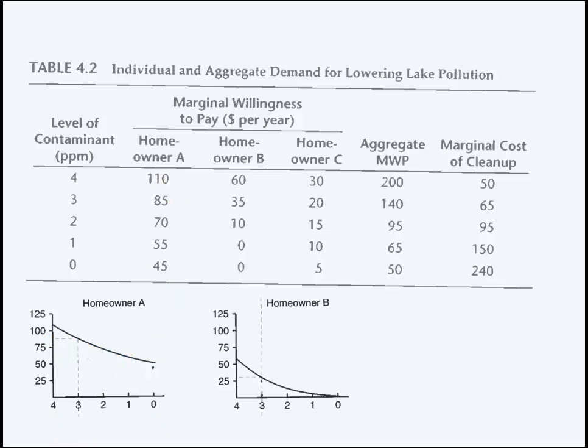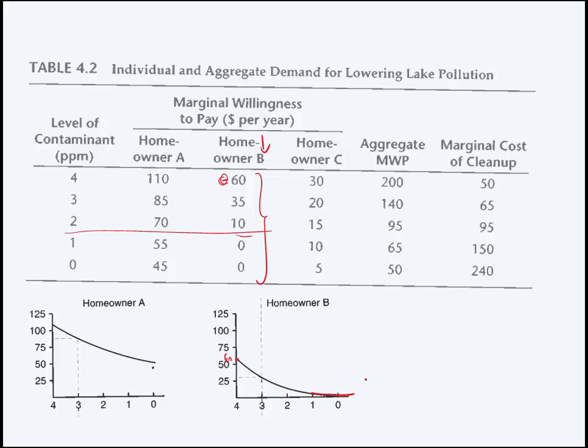Next one. So from the moment we saw this homeowner B, we saw he has a smaller demand for clean water because initially he will not pay as much, it's only 60 to clean the water, and then after 2 units of pollution, he doesn't even care anymore and he doesn't want to pay anything, right?